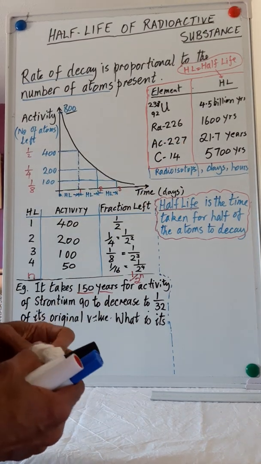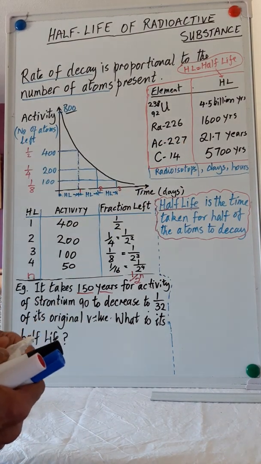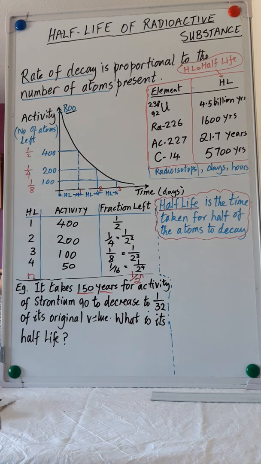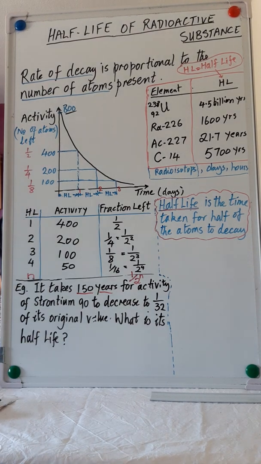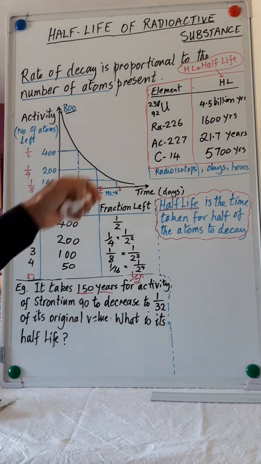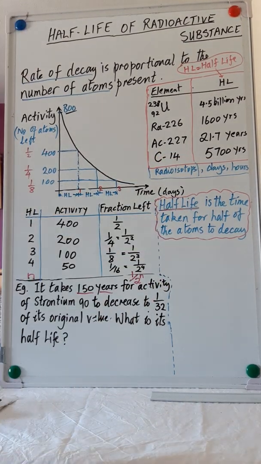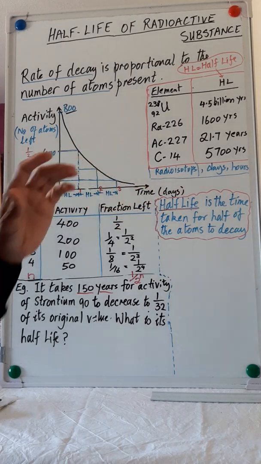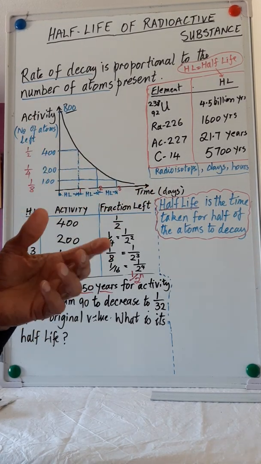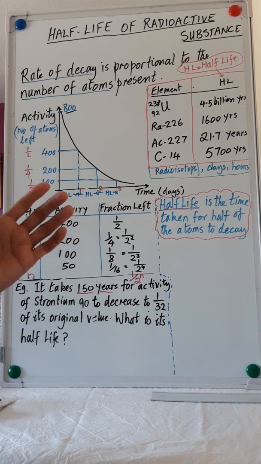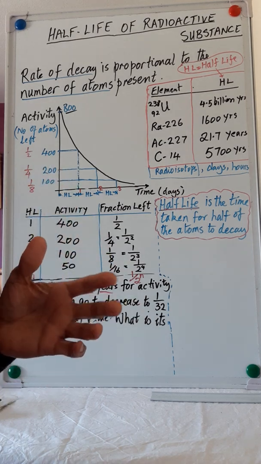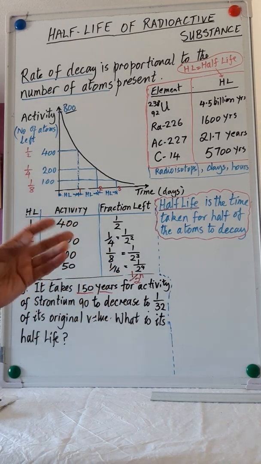Actinium-227 has a half-life of 21.7 years. And carbon-14, which we're going to discuss later on, has a half-life of 5,700 years. Now, we can also make artificial radioactive isotopes, which are used in medicine and in industry, to have a much shorter half-life.